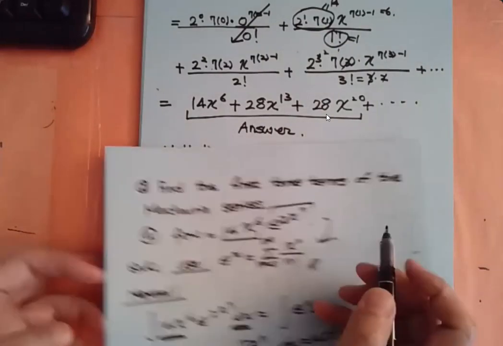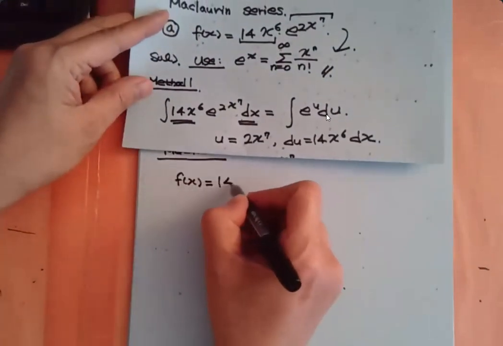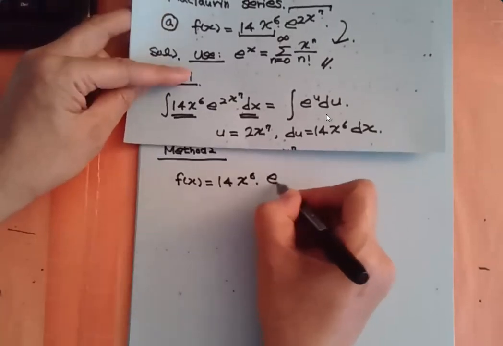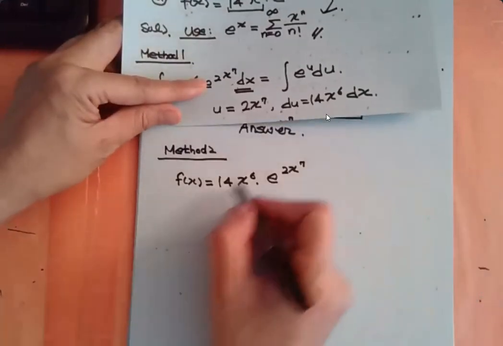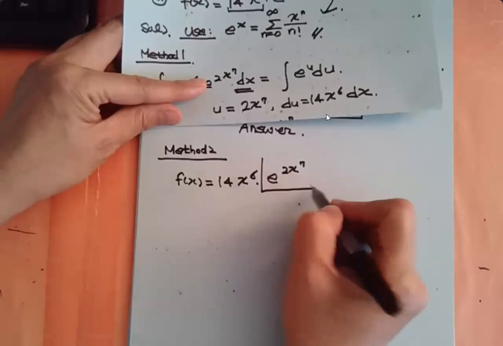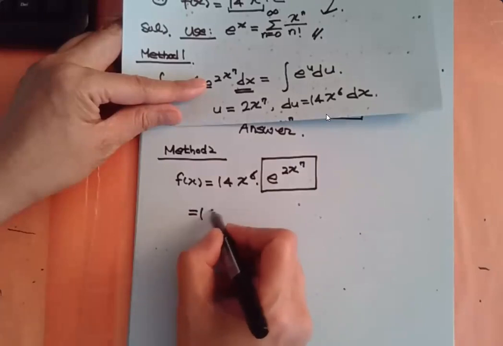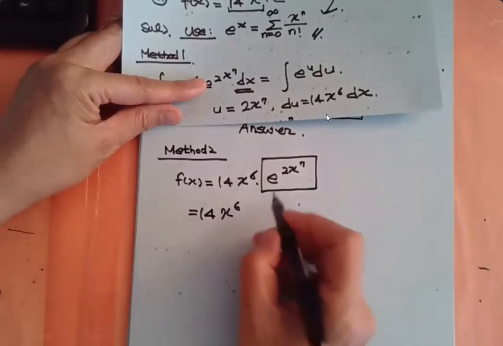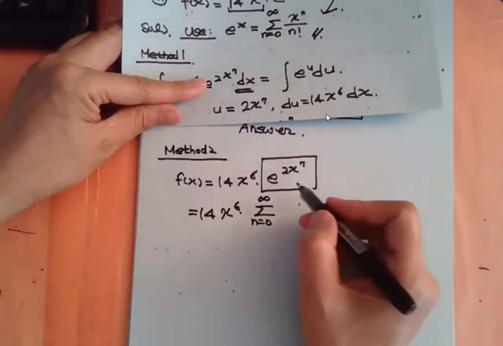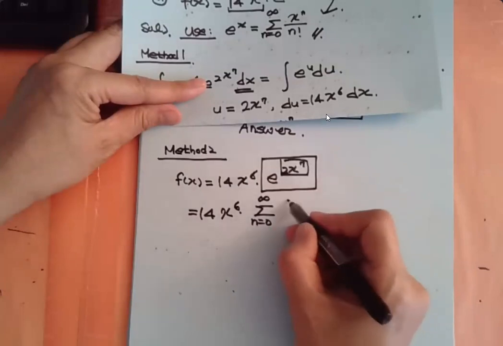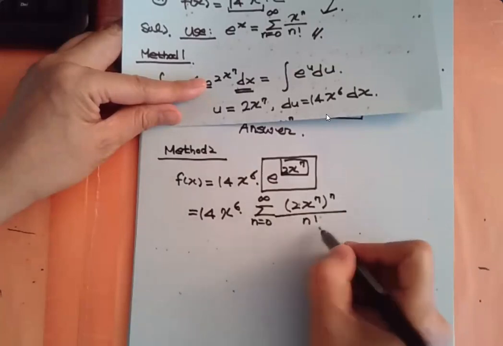So we have f of x equals 14x^6 times e^(2x^7). What I'm saying is that we just expand this out and then think about the distribution. So we have 14x^6 times the summation n equals 0 to infinity of (2x^7)^n over n factorial, right?